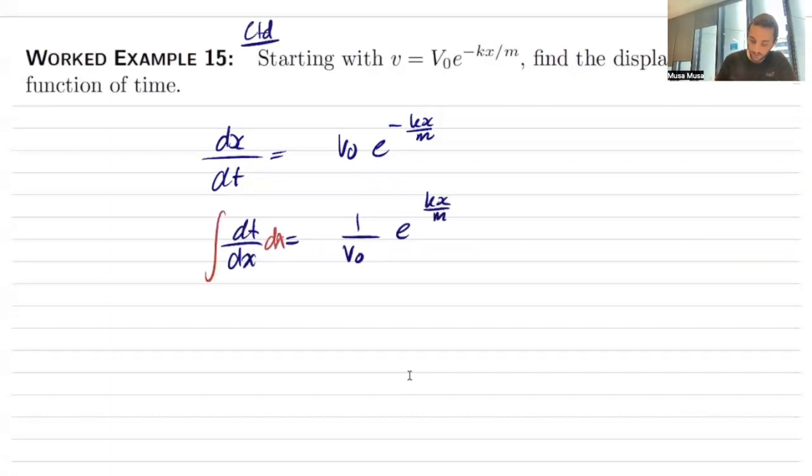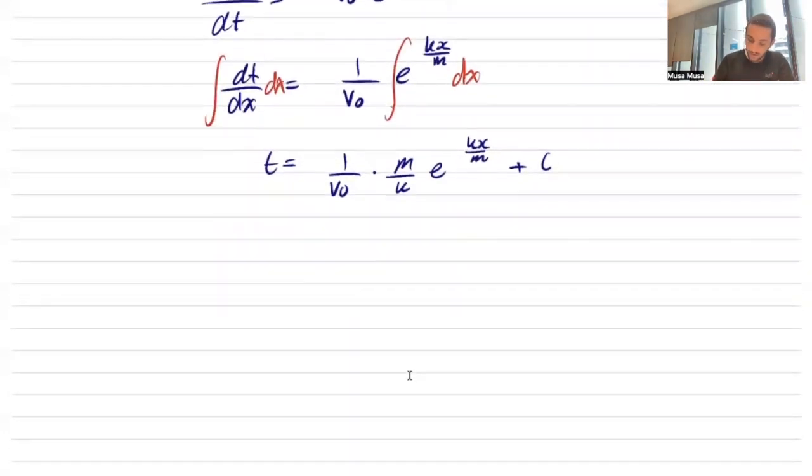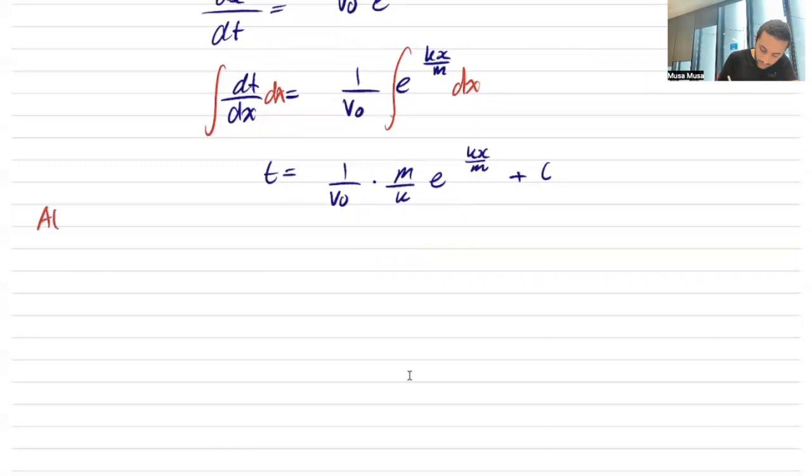Integrating with respect to x, we're going to get t equals 1 over v naught divided by the derivative of the power, that's k on m. So divided by k on m is multiplying by m on k, e to the power of kx on m plus c.